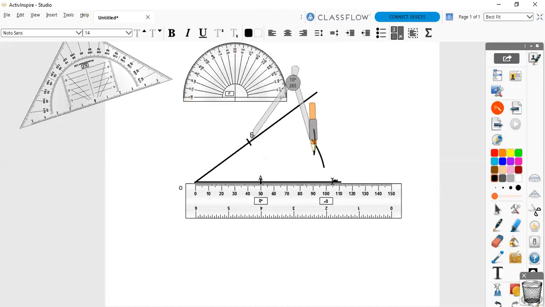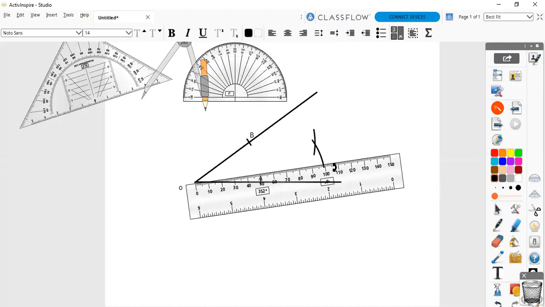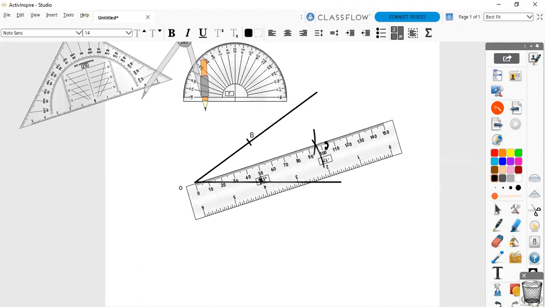So they will intersect at a single point, at this point. Now join this point with point O by using the ruler scale.